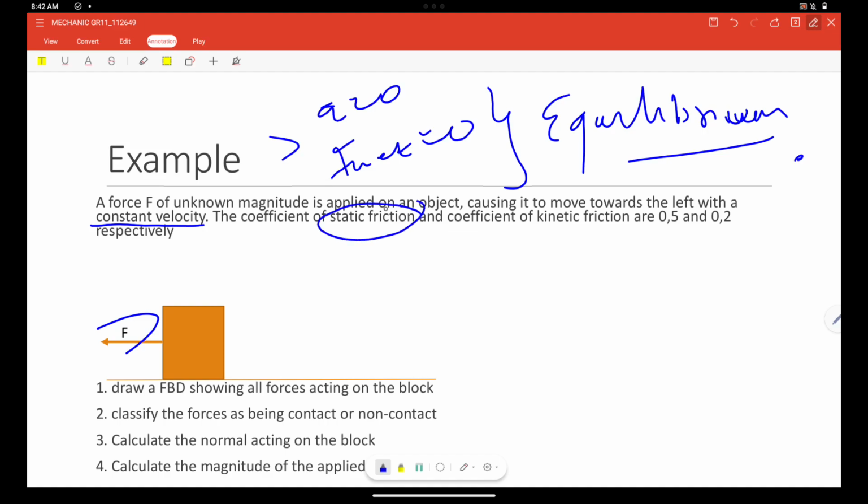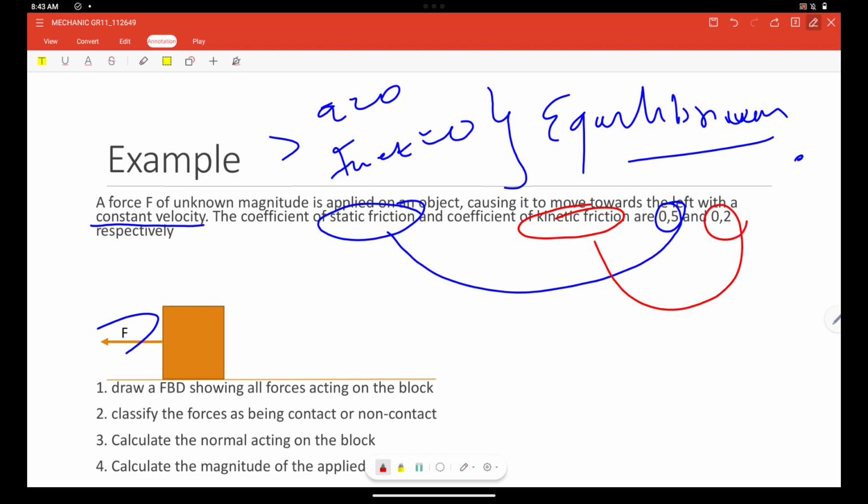It means coefficient of static friction is 0,5 and coefficient of kinetic friction, because they mentioned it last, it means that is the corresponding coefficient. Even if they didn't tell you which one is which, remember what I said the other day. I said the coefficient of static friction is always greater than the coefficient of kinetic friction, so the smaller one is mu k. Okay, so this is the information that they have given to us.